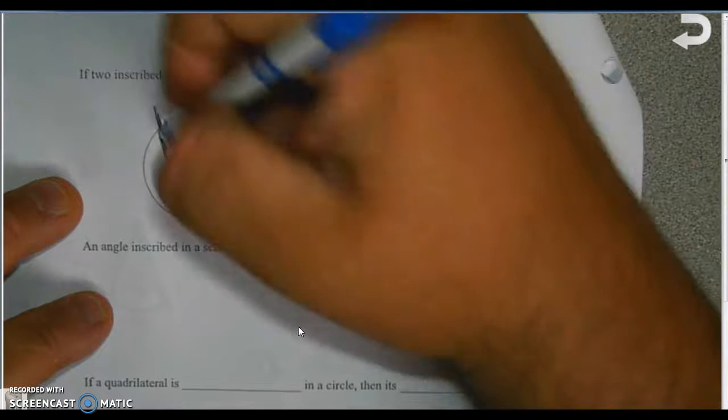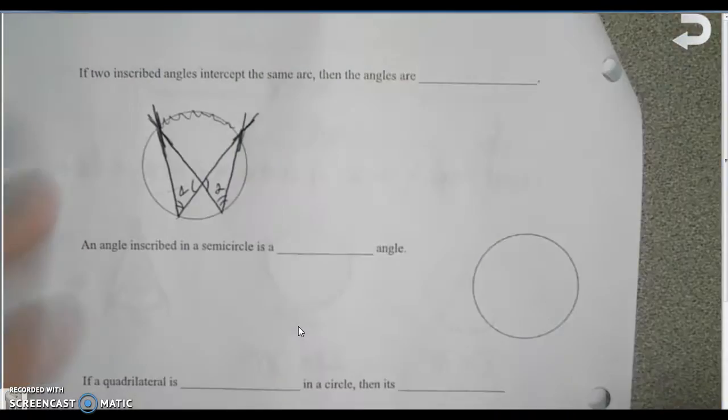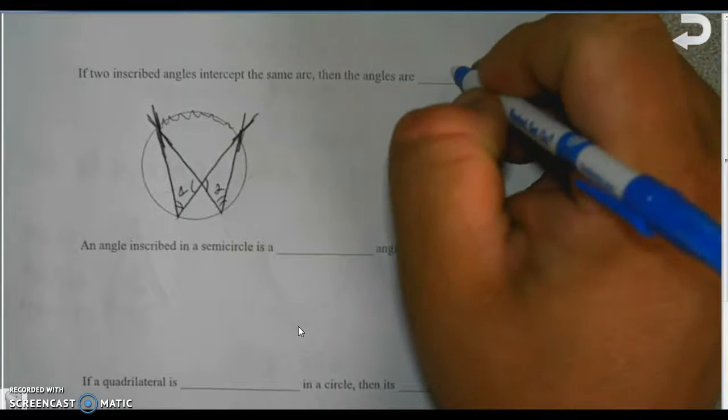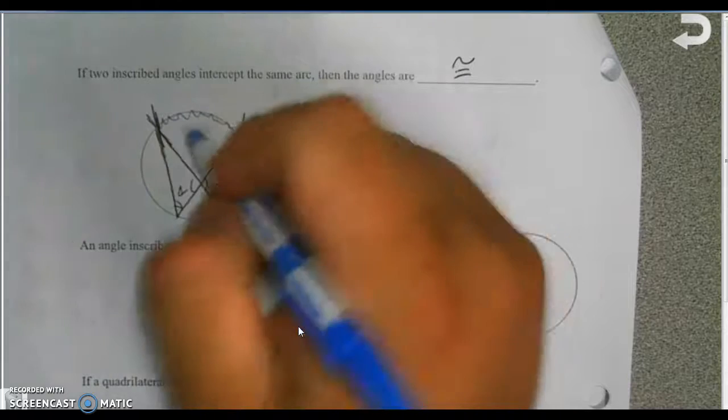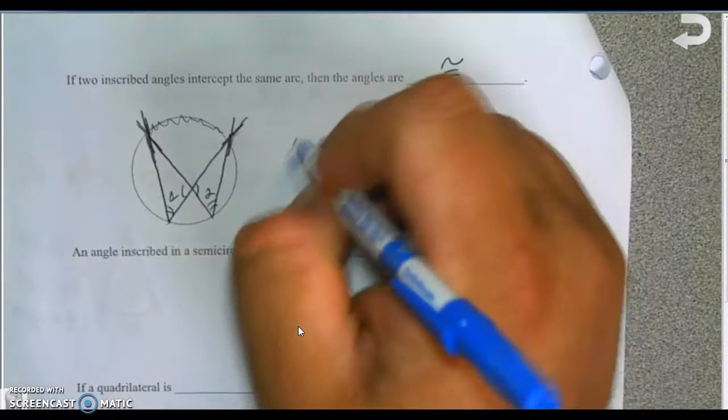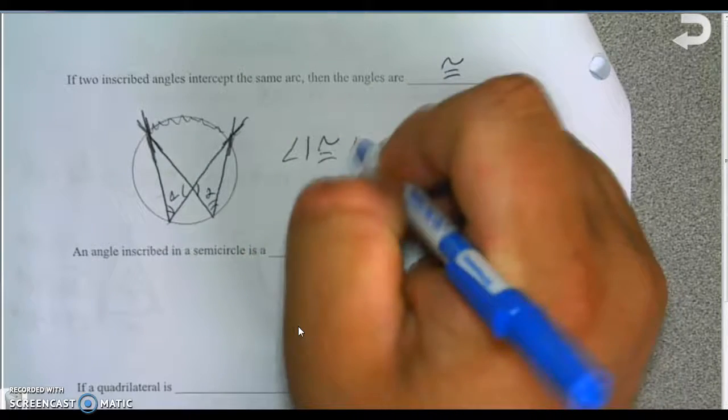And angle 2 also intercepts the arc that's been shaded. And so the rule is, if two angles intercept the same arc, then those angles are congruent. So because angle 1 and 2 both intercept this shaded arc, angle 1 is congruent to angle 2.